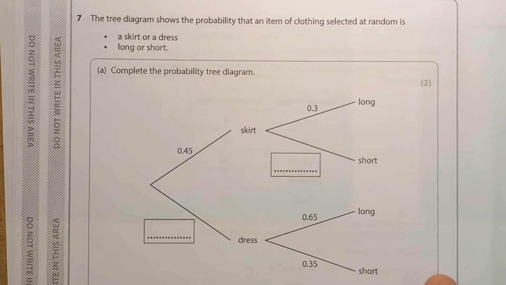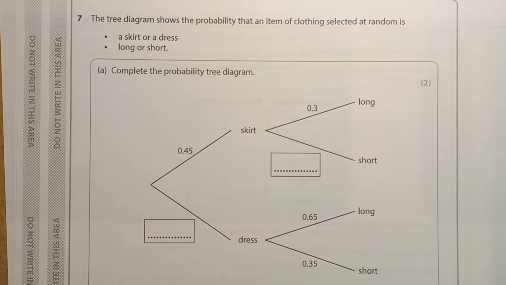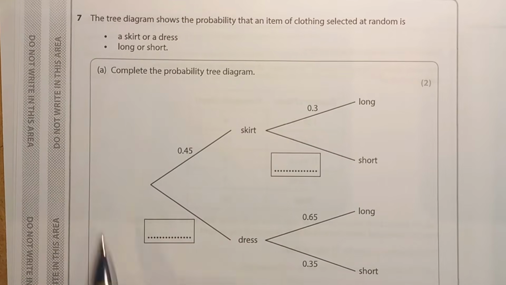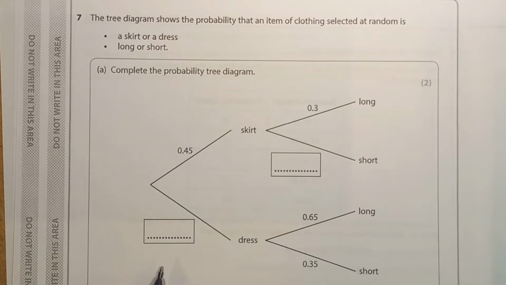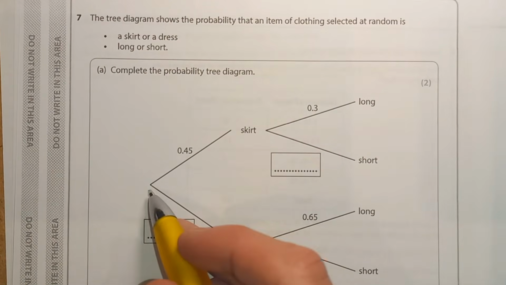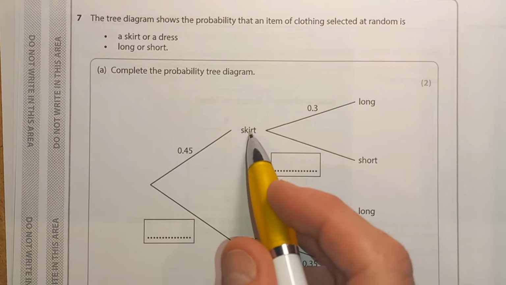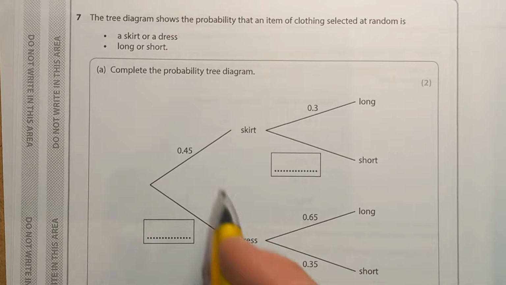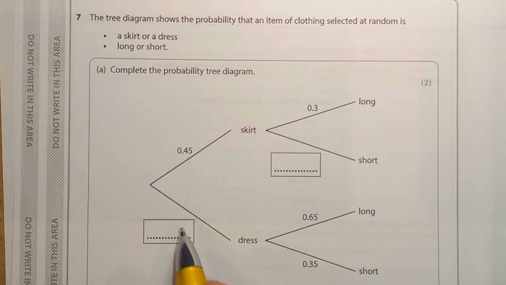Question 7. The tree diagram shows the probability that an item of clothing selected at random is a skirt or dress and long or short. Complete the probability tree diagram. Okay, so what this is telling us is that the probability of it being a skirt is 0.45. Well, we should know that the total probability always needs to add up to 1.